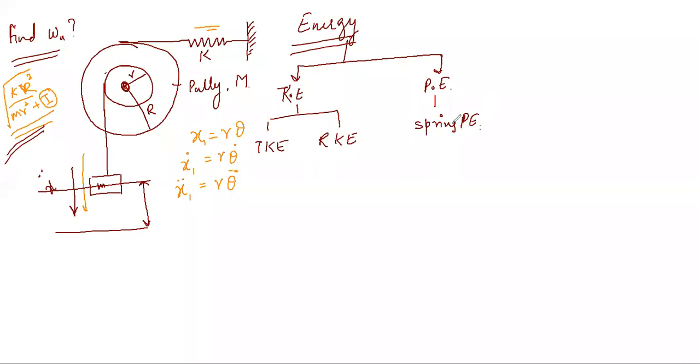Always remember one thing, we are not considering mass of this values, we are considering but the gravitational potential energy cancels out with the static deflection. So the mg distance value cancels out with the static deflection. We have already explained this type of things, right?